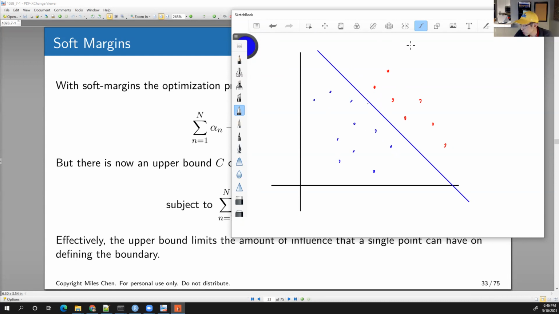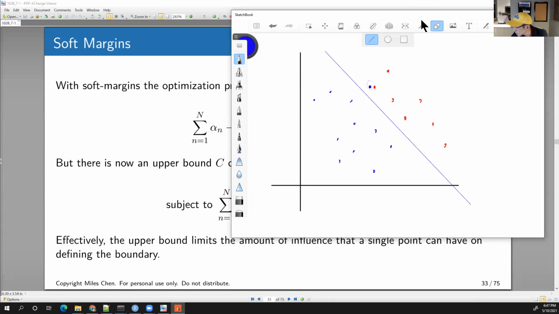But what could end up happening is, let's say one point. What if we get a point right here? Before, if this point was missing, we might pick a boundary like this. I think this boundary would make sense, okay?